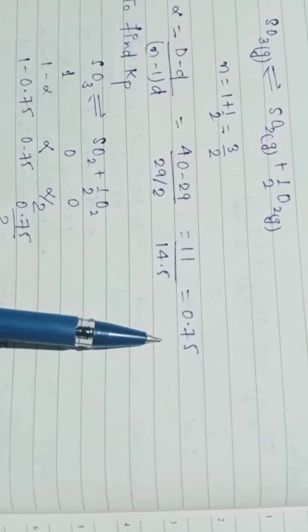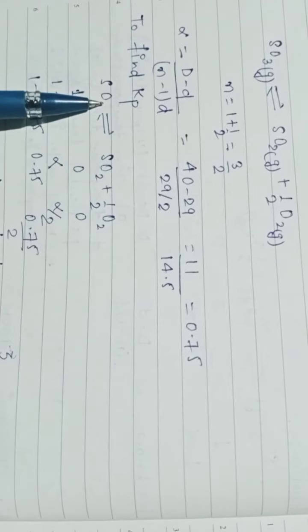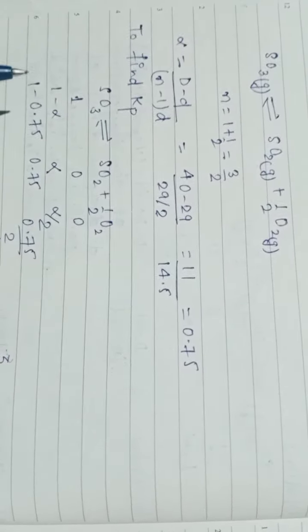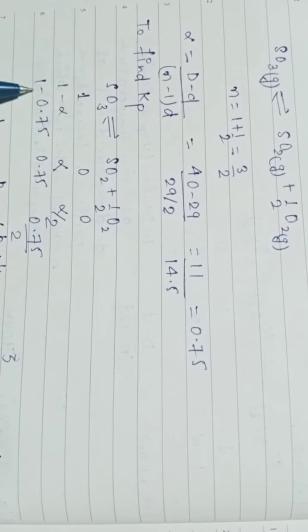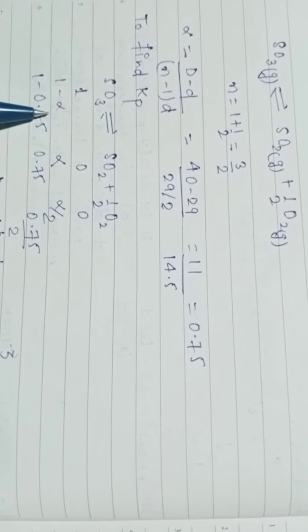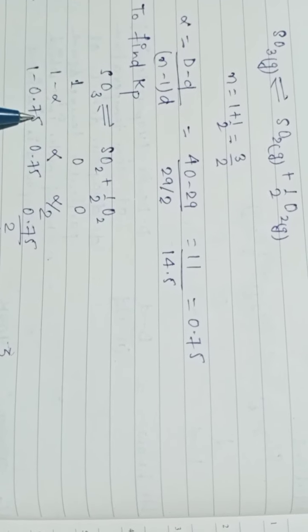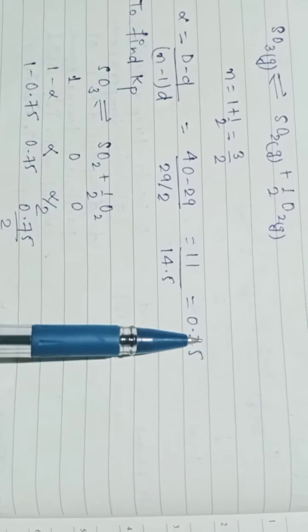Now according to the formula we put in the values and we get alpha, the degree of dissociation, equal to 0.75. So to find Kp we have to write the dissociation equation, how SO3 gets dissociated. Initially the pressure of SO3 is 1 atm, which will become 1 minus alpha, and then alpha and alpha by 2. We put the value of alpha, which is 0.75.